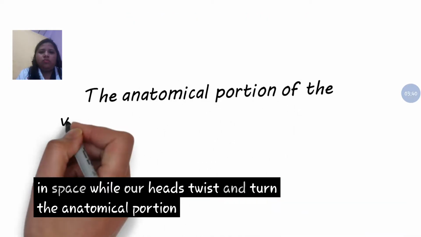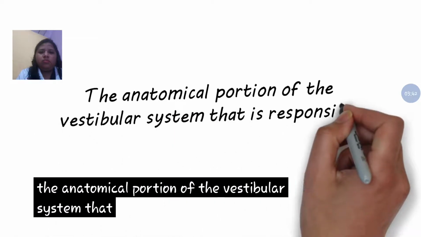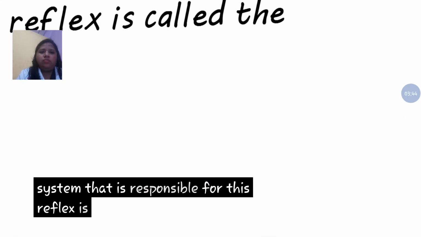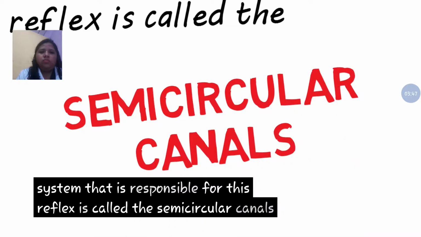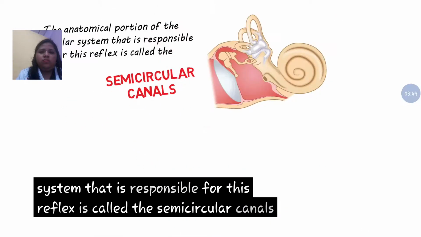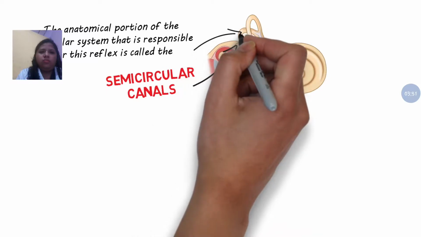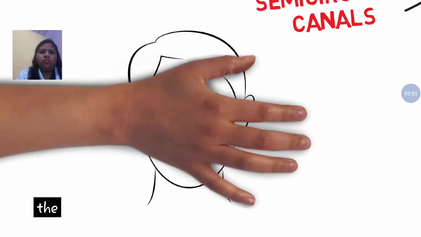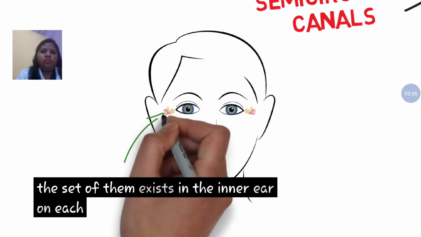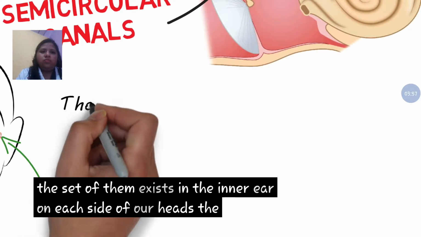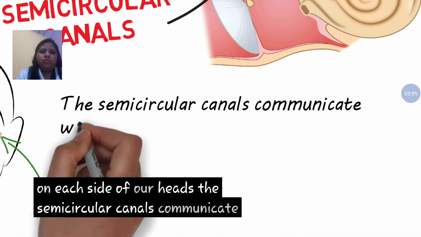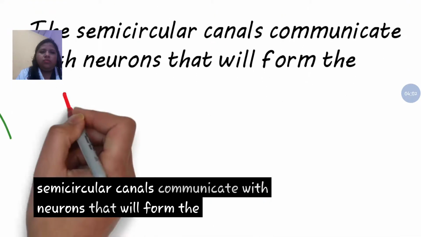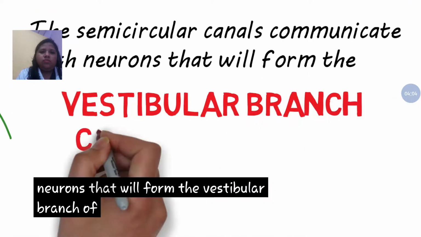The anatomical portion of the vestibular system that is responsible for this reflex is called the semicircular canals. A set of them exist in the inner ear on each side of our heads. The semicircular canals communicate with neurons that will form the vestibular branch of cranial nerve 8.